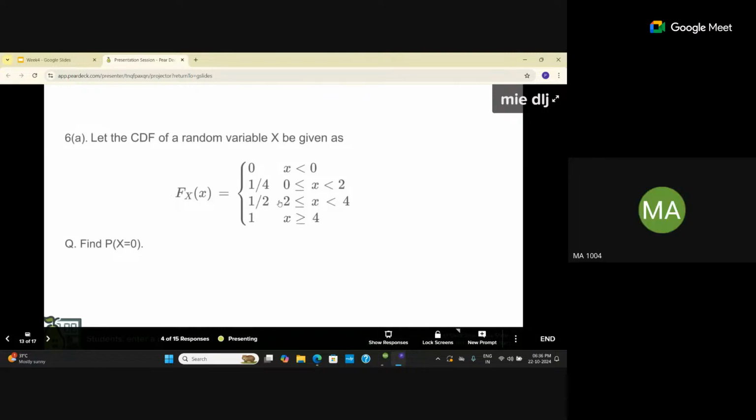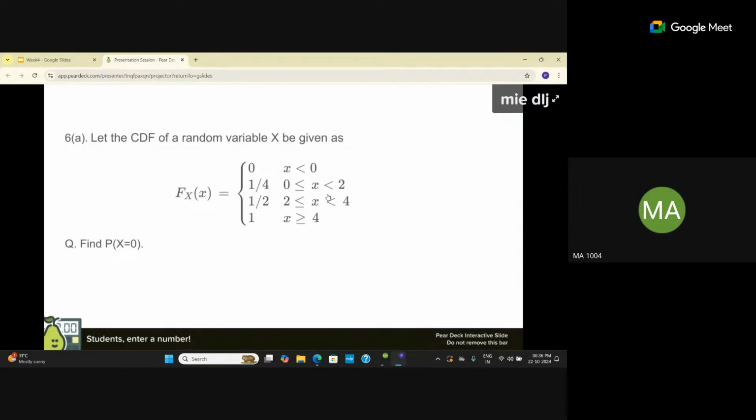So you have to see that this is the distribution of a discrete random variable. It is not continuous. If it is continuous, then the probability at a point will be zero, right? Yes, ma'am. But madam, at x equal to 1, there won't be any jump, right? So the probability will be 0. Yeah, for X equal to 1, it will be 0.